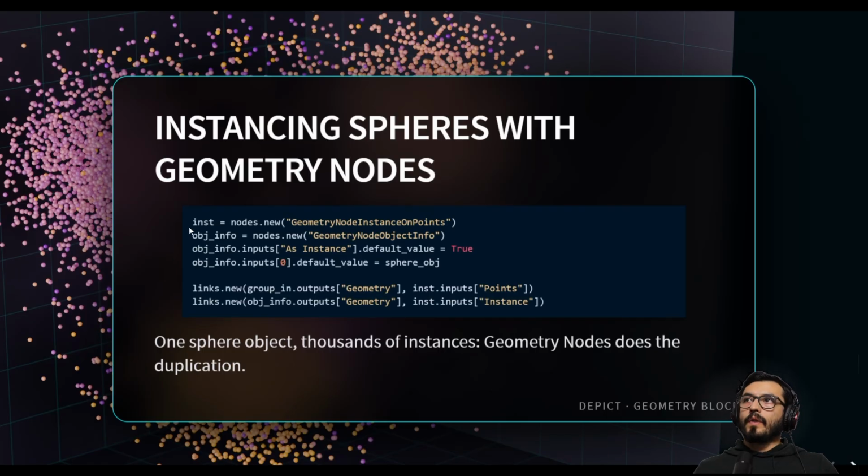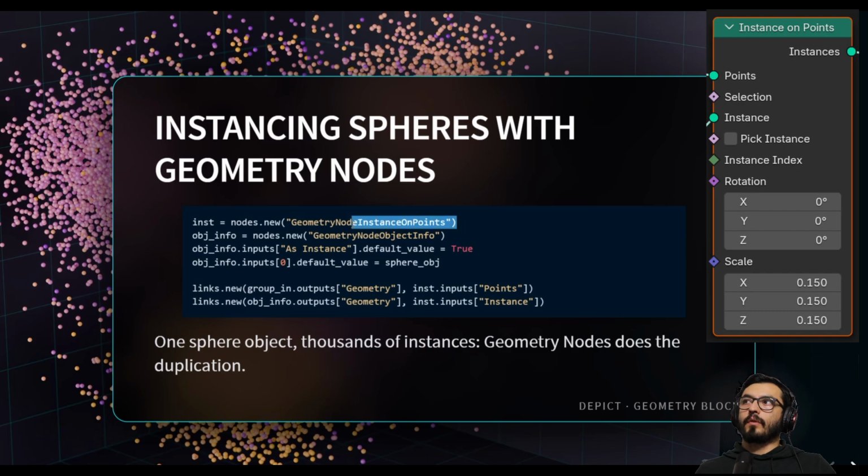Now what we will do is, as I mentioned, each vertex will be the center of the spheres of these points. So we will create one node that we will call instance, and it will be a new node, geometry node instances on points. So here we are creating one node called geometry node instances on points. This is the instances on points node that we already know.